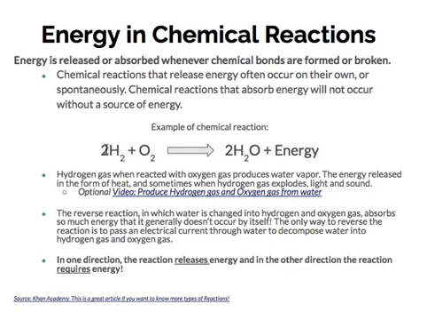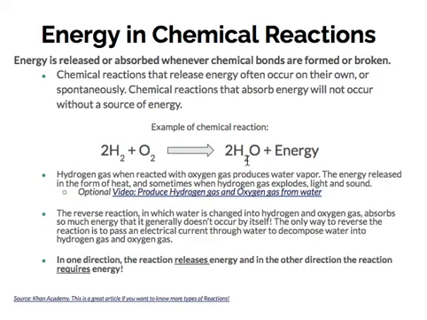This is what we call the forward reaction, reading it left to right, and energy is released in the forward reaction. The reverse reaction, going from right to left, in which water is changed back into hydrogen gas and oxygen gas, absorbs so much energy that it generally doesn't occur by itself.